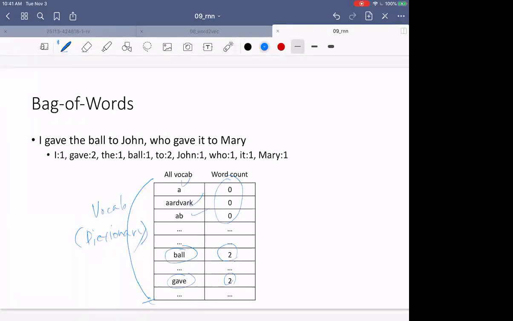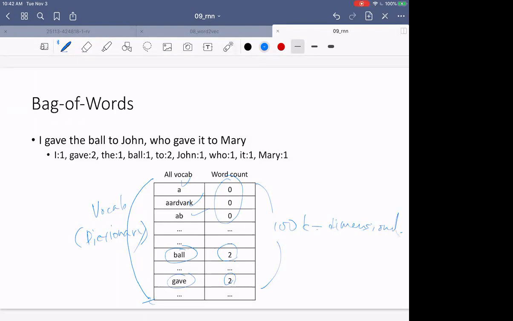So it'll be a very long vector because in a typical English dictionary, there will be tens of thousands of words. Let's just assume that there are 100,000 words. So it's a 100,000 dimensional vocab, so this will be 100K dimensional.